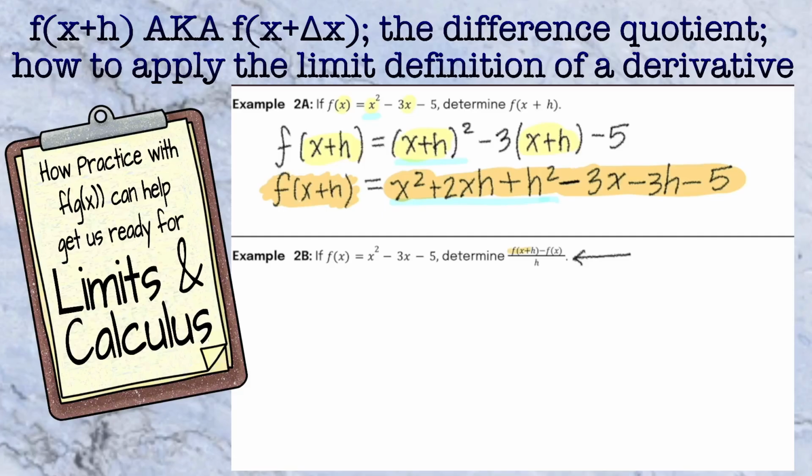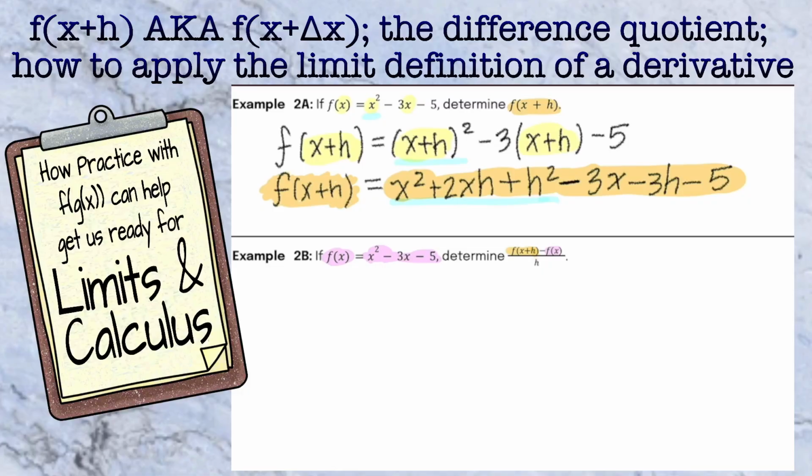So that is going to be this part in my difference quotient. And I'm also going to need f of x, which is over here, my original function. Okay, so let's go ahead and start filling in everything for this.